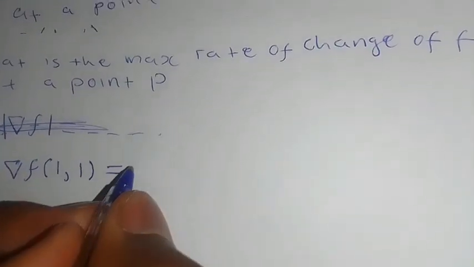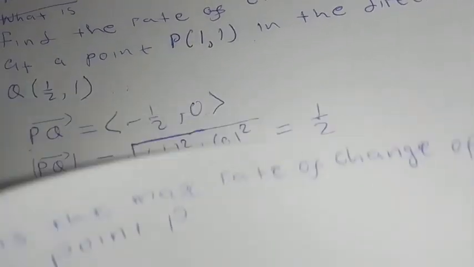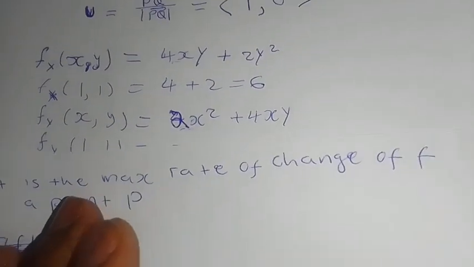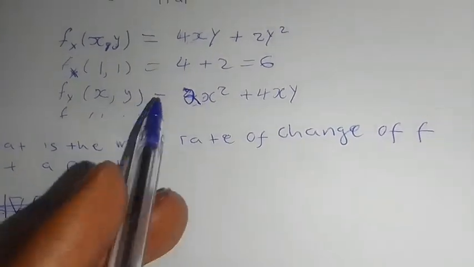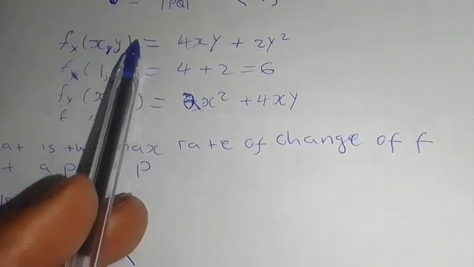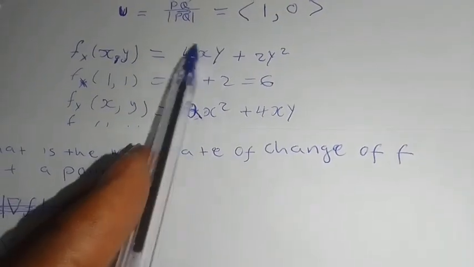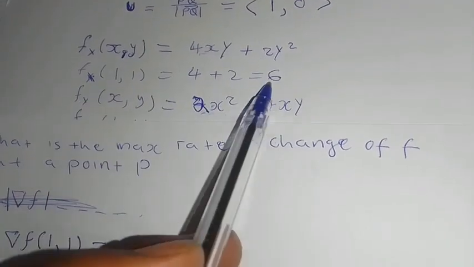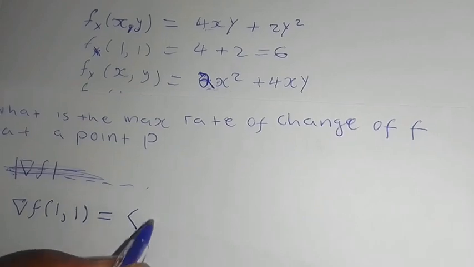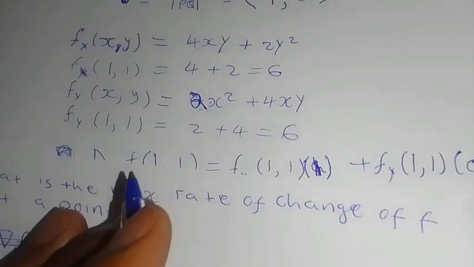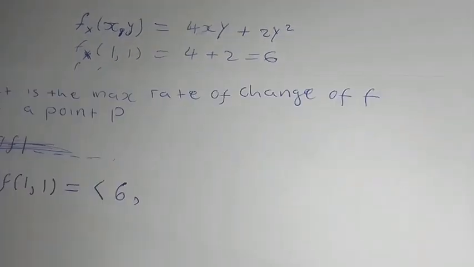It's a vector obviously, so it's going to give us the partial of f with respect to x, which you evaluate. You got 6, we already calculated that, so the component here is 6, and for y we also get a component of 6 as well.